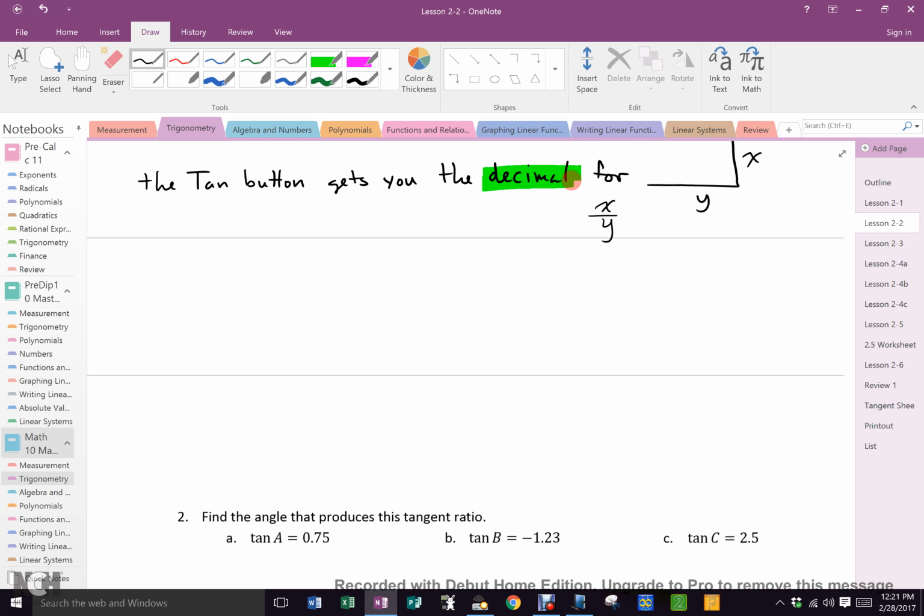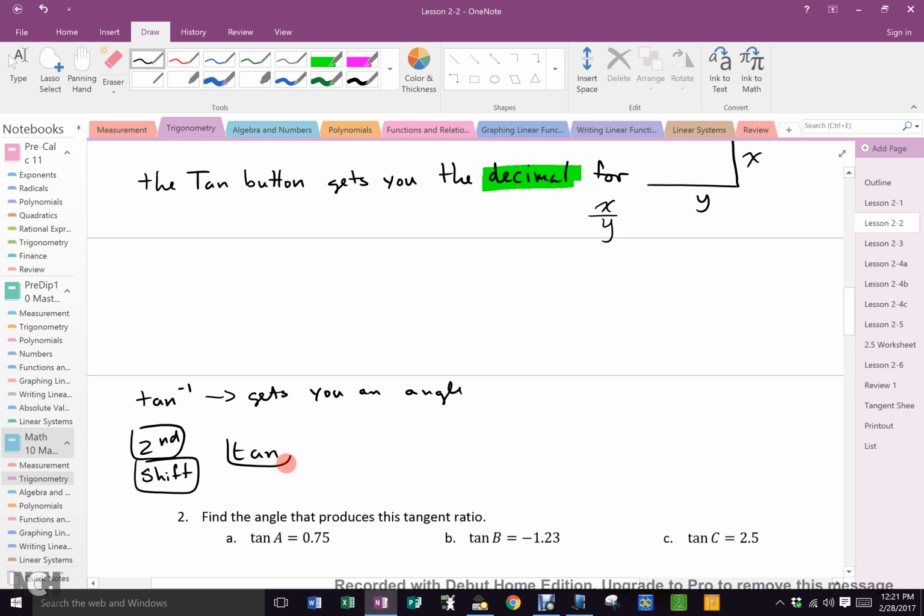Written on your calculator, right above the tan button, is this. Tan -1. That is what gets you an angle. And you access that button by pushing second or shift, depending on the calculator, and then tan. Does everybody understand that?